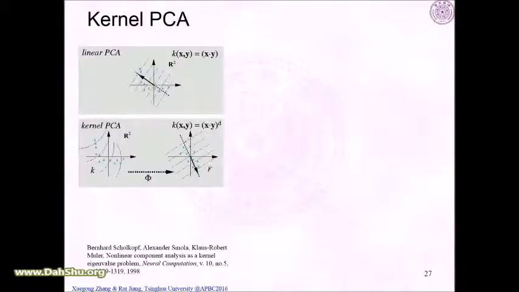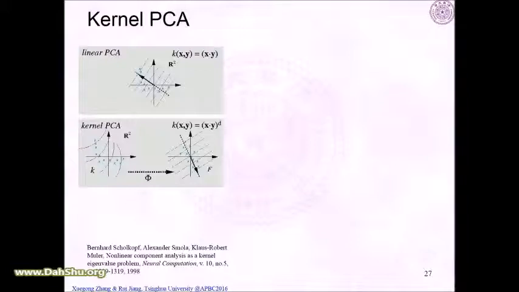But principal component analysis only looks for underlying linear directions that can capture the variance of the data. But sometimes there may be some nonlinear manifold underlying the data. For example, suppose the data is distributed like this.